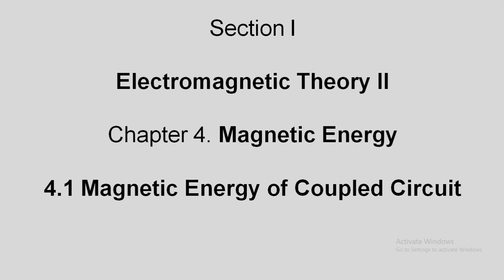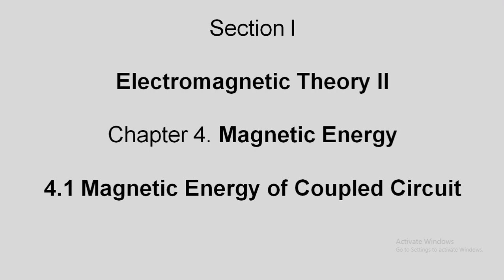Now suppose there is another circuit in the neighborhood, then that magnetic flux will fall over the second circuit. Electromagnetic induction will also take place. There will be self-induction as well as mutual inductance. So EMF will be induced in the first coil as well as in the second coil. So now these two circuits are called coupled circuits.